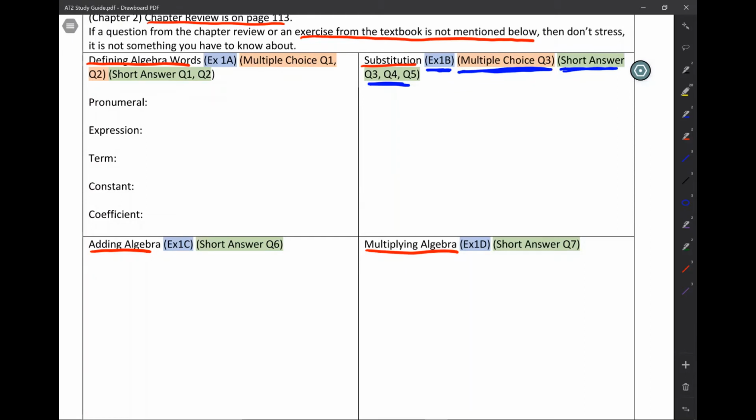I'm going to show you what I mean here with substitution. So one of the important things to remember with substitution is to replace the letters with the given numbers.